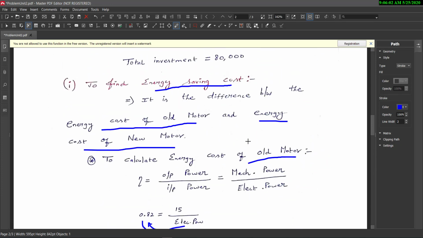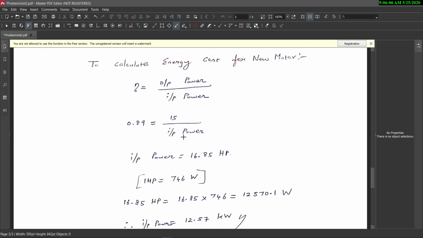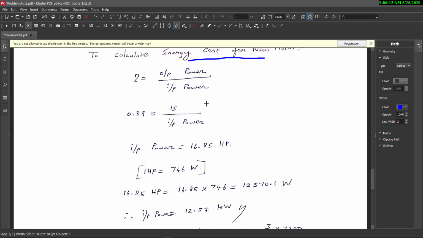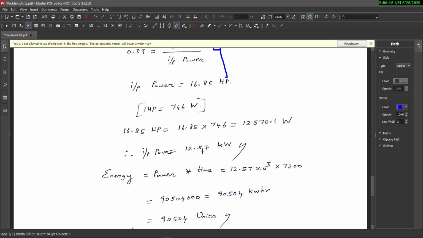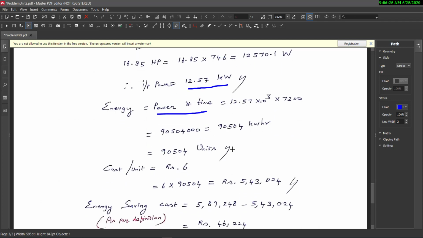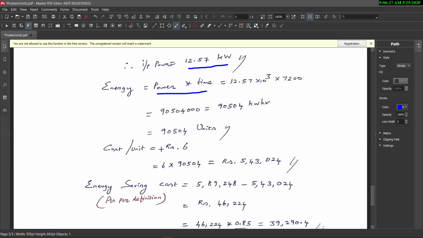Next we have to find the energy cost of the new motor. Efficiency is equal to output by input. The same procedure is followed, and here we have found the input power, that is 12.57 kilowatts. Energy is power into time, the obtained input power into 7,200, the operating hours per year.